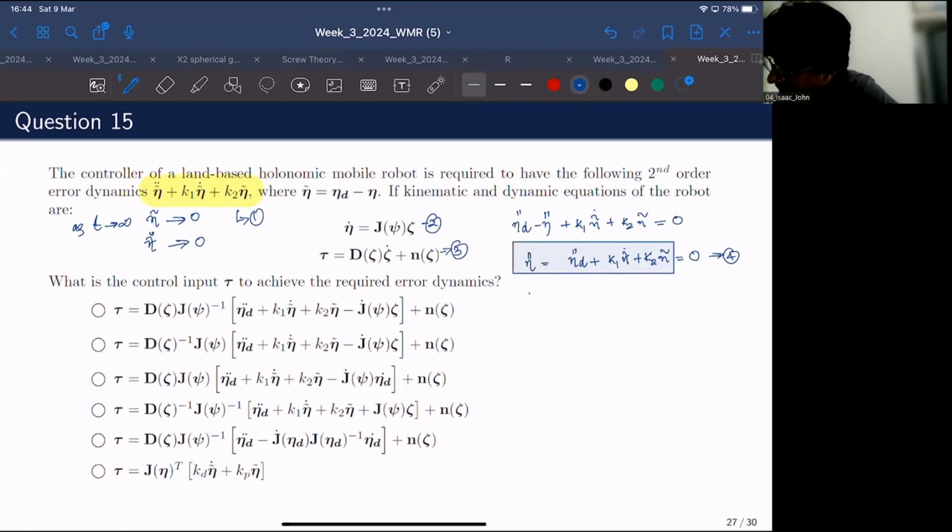Right? And from equation 2, if I differentiate equation 2, what will you get?